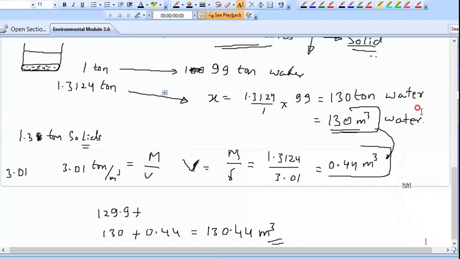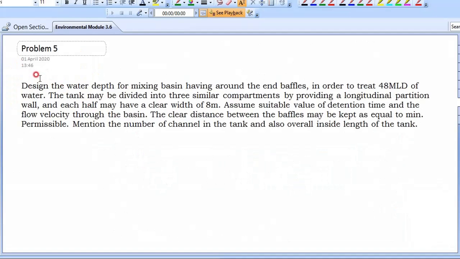Okay? Over. Now problem number 5. Now we are entering into the design of the flocculation and sedimentation tank. Design the water depth for a mixing basin having around-the-end baffles, as shown in the plan in the previous video.